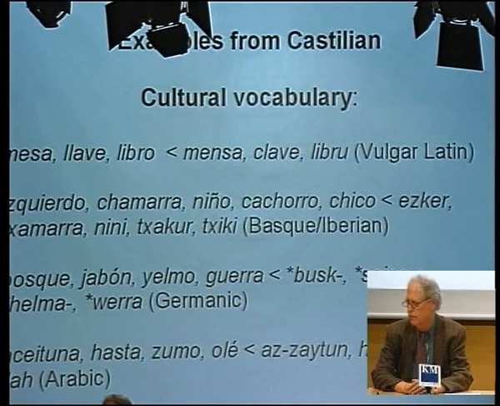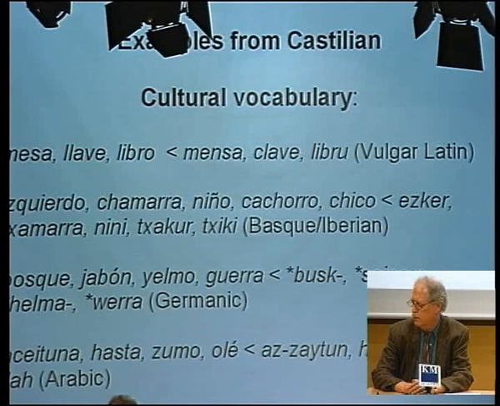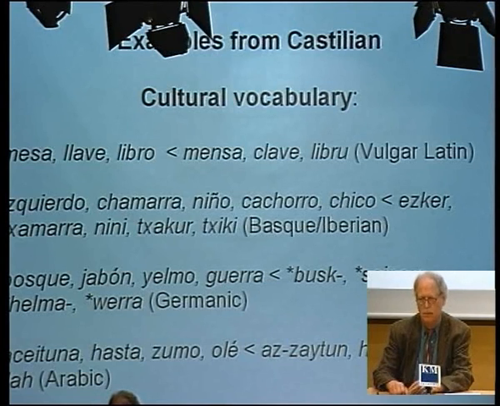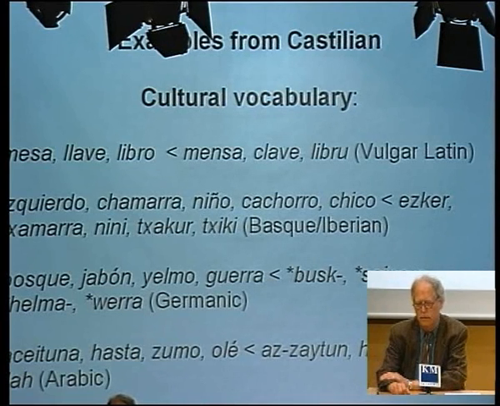Another layer, izquierdo, chamarra, niño, cachorro, chico, seem to come from Basque or Iberian. These were words contributed by the people who stopped speaking Iberian and Basque and started speaking Vulgar Latin and the languages that later became Romance languages.